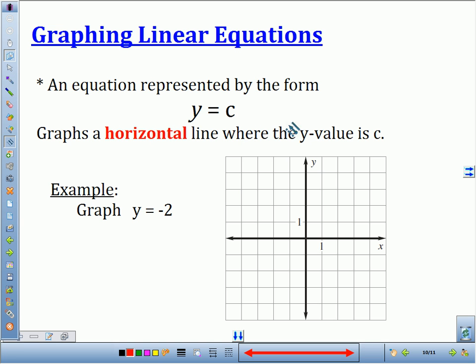Very similar to the x equals c graph, the y equals c graph will be a horizontal line at whatever the y value is. So, in my example, I have y equals -2. That means I'm going to have a horizontal line at y equals -2. And that's right here. So I can quickly sketch out a horizontal line where y equals -2.